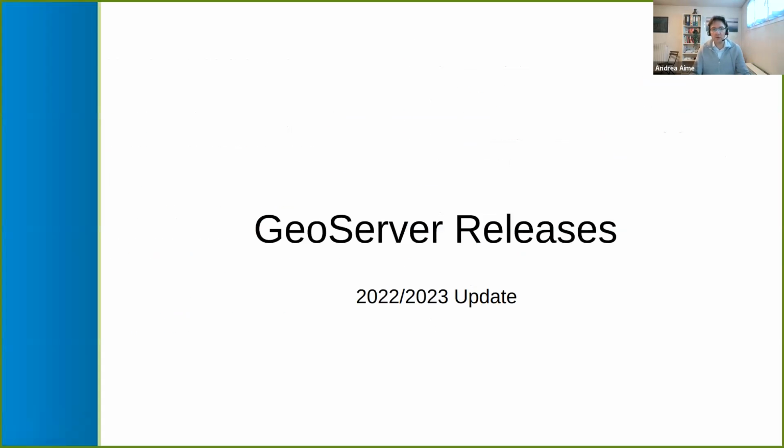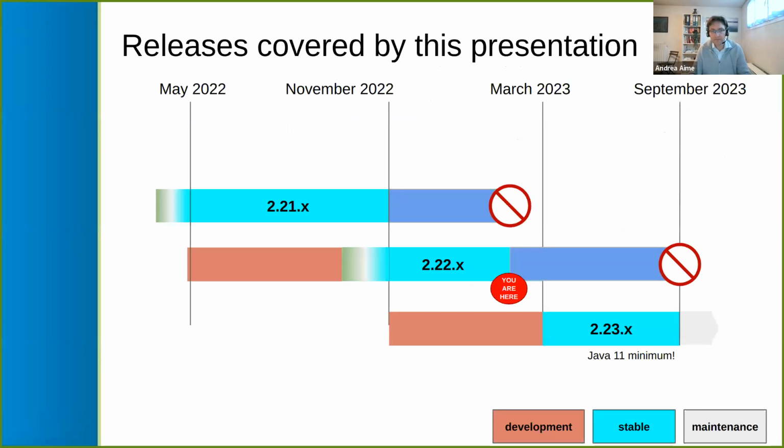Now, let's have a look at the GeoServer releases. Between the end of 2022 and the beginning of 2023, as you can see, we are looking at 3 releases: 2.21, 2.22, and 2.23. 2.21 and 2.22 are currently being released, and as you can see, you are here, close to March 2023.